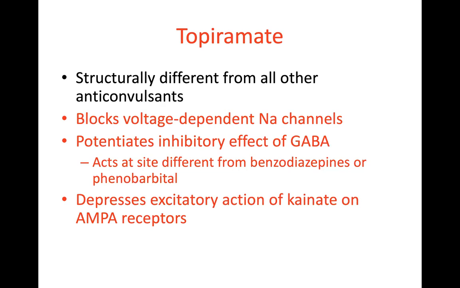I'll mention this now, and again when we talk about it in the advanced course, probably in the fall: a lot of people took the attitude that some of these anticonvulsants were effective in treating schizophrenia and mood disorders, and so they extrapolated that all of these anticonvulsants can be effective.